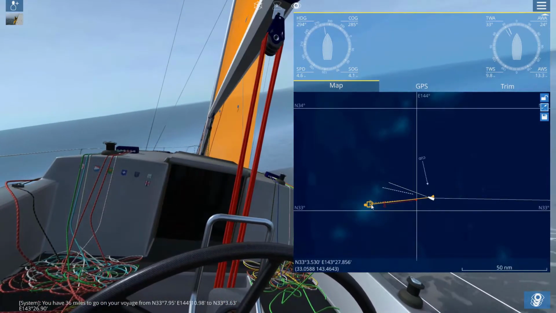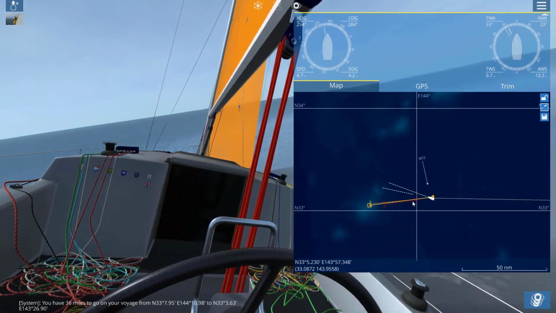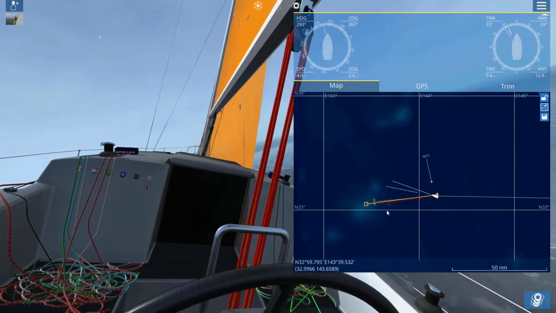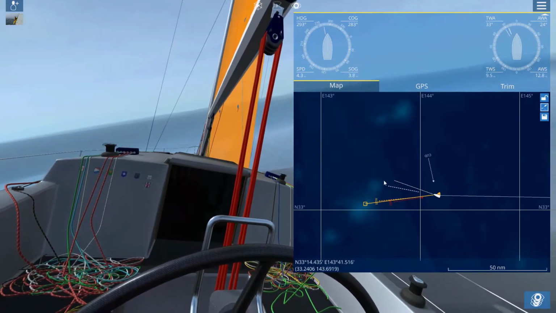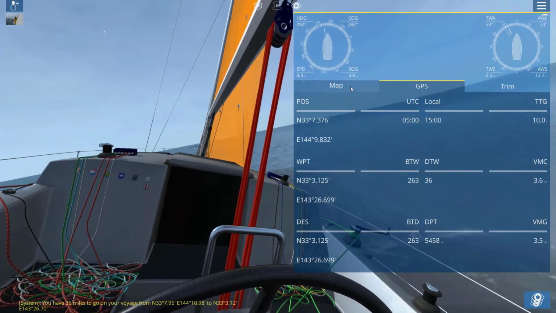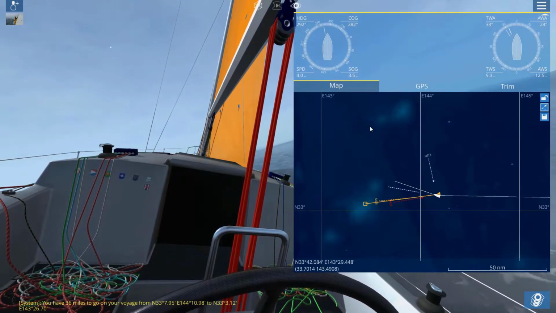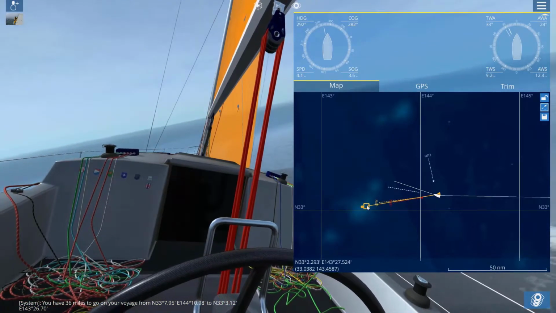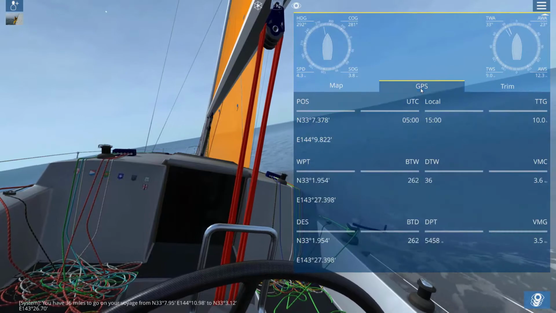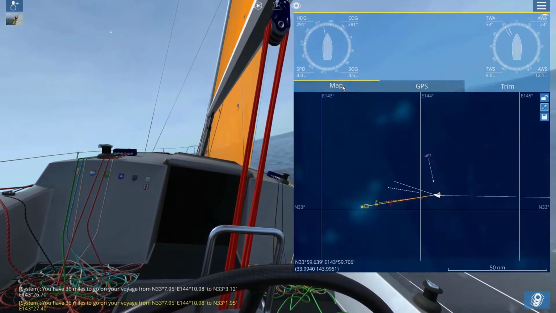So in this case, the direct upwind path is on our TWD here, and you will notice that both our VMC and our VMG are very, very similar. Why is that? It's because our waypoint is also pointing in the same upwind direction.